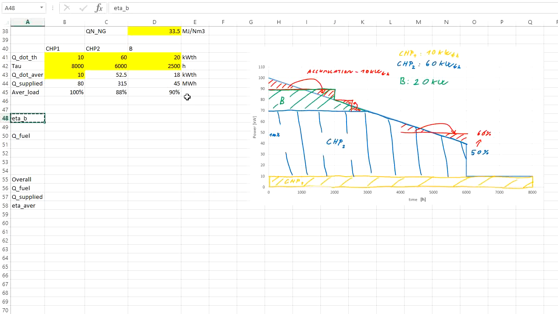So now let's have a look at the operational efficiencies.